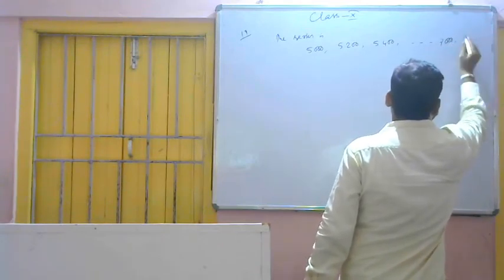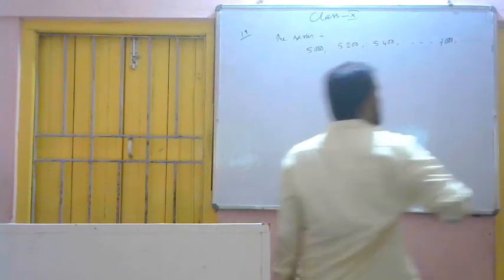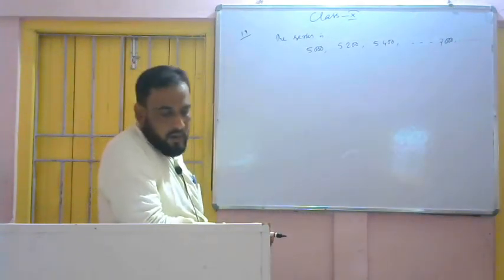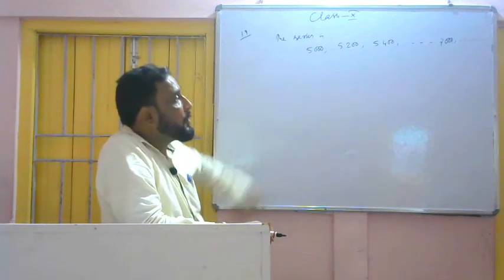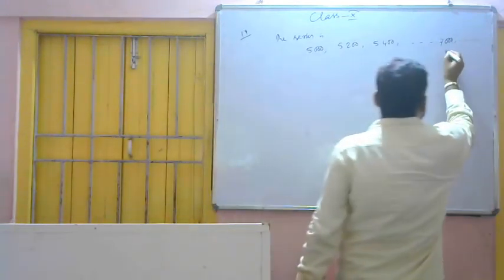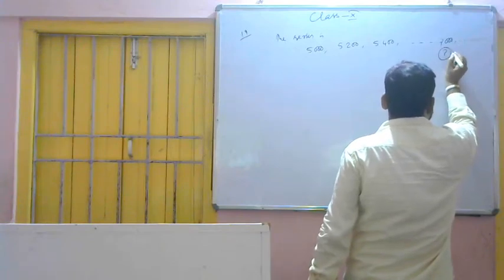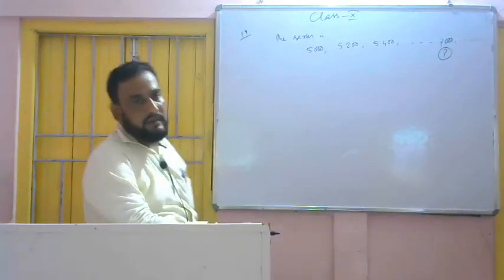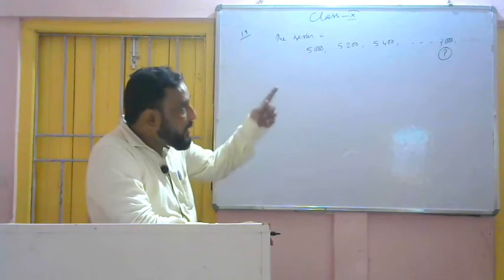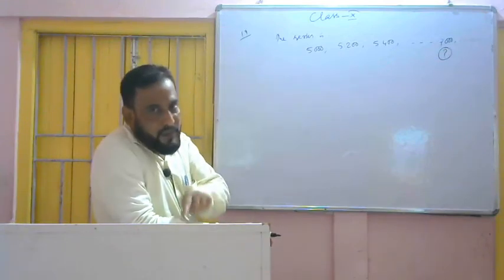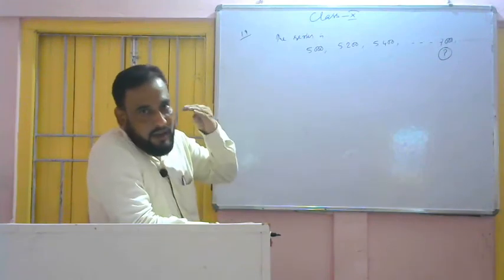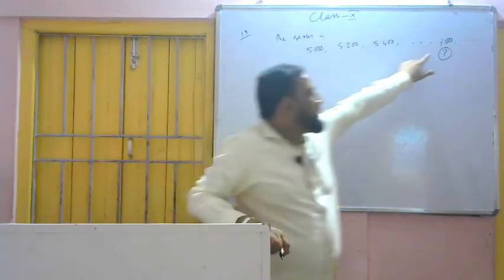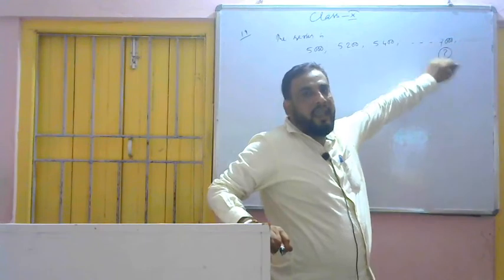and in a certain year she got her salary as rupees 7,000. And your question is, in which year did she get rupees 7,000? That is, what is to be found out? L or AN. Here it is not mentioned that her service is terminated, so her service continued, so we will term this as AN.